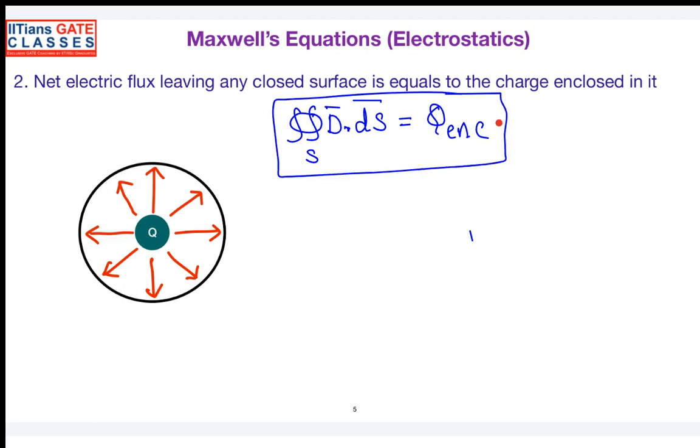Now, using the divergence theorem, since the surface is closed, I can convert the surface integral into a volumetric integral. So how to convert that?